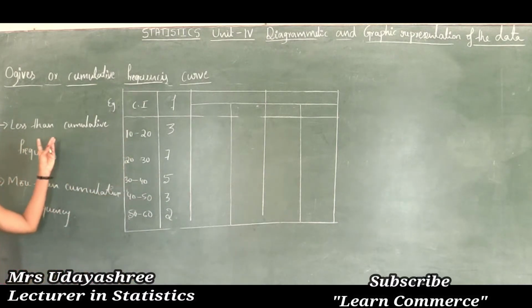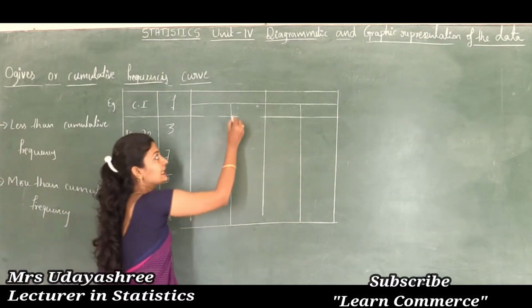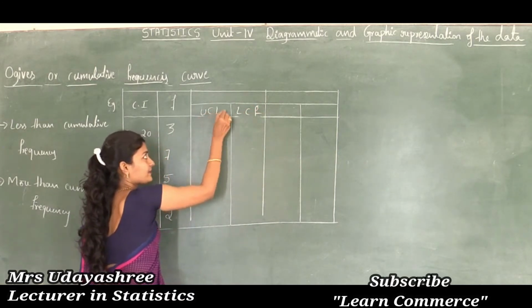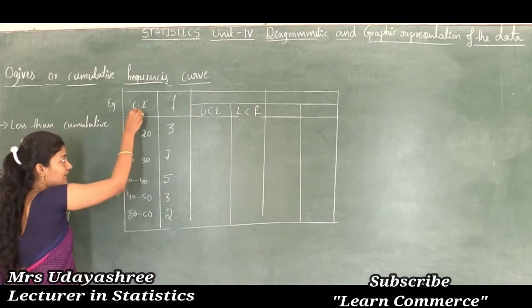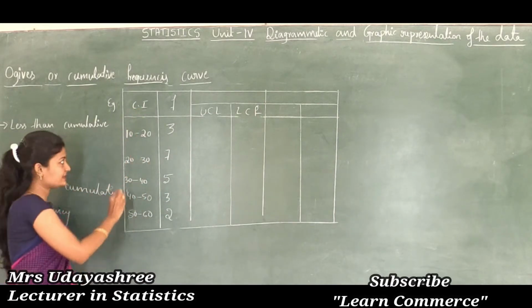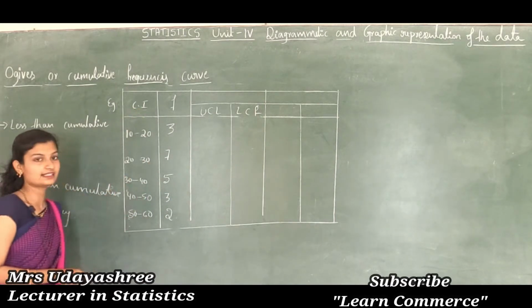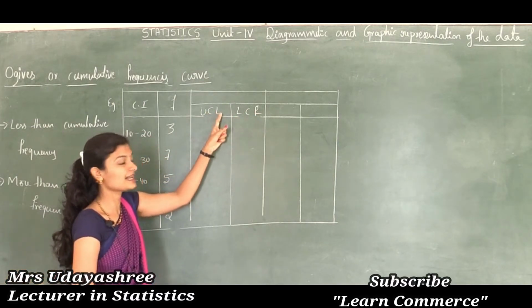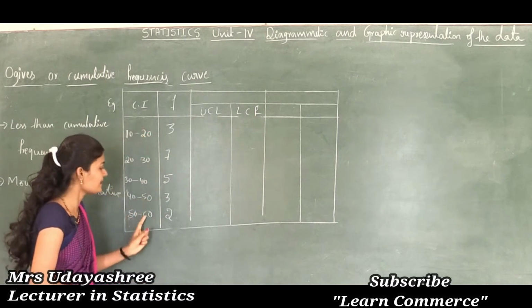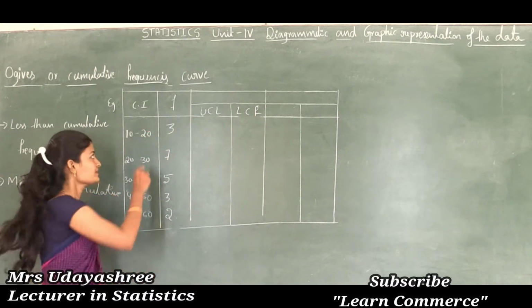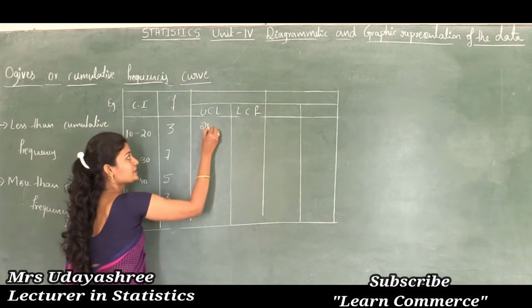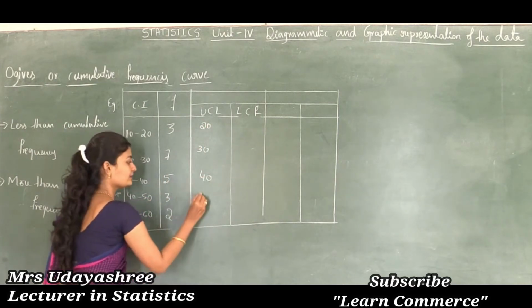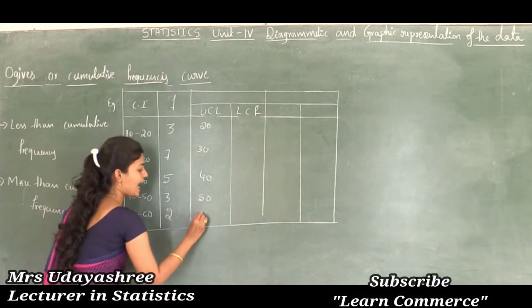The less than cumulative frequency is formed against the upper class limit. In the class intervals these are upper class limits and these are lower class limits, so we write the upper class limits in this column: 20, 30, 40, 50 and 60.